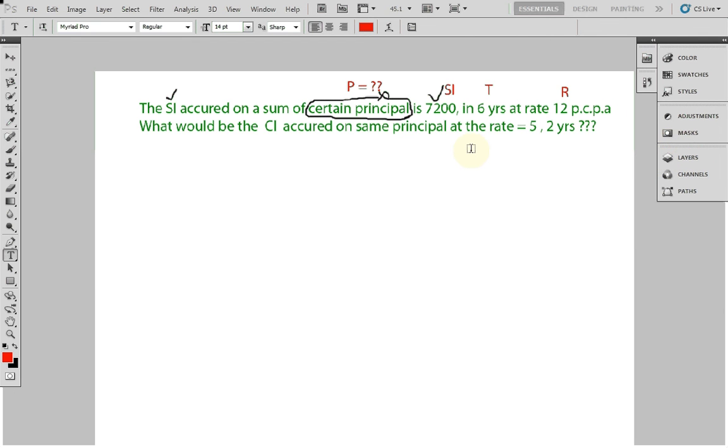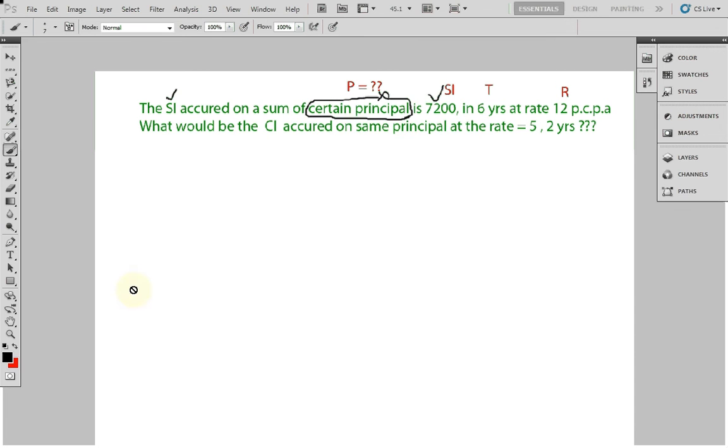Okay, here actually we calculate simple interest, as I showed in the previous video for you. Simple interest is calculated as T into R by 100 of principal. Here we have to calculate compound interest on the same principal. Just note this point, don't get confused.